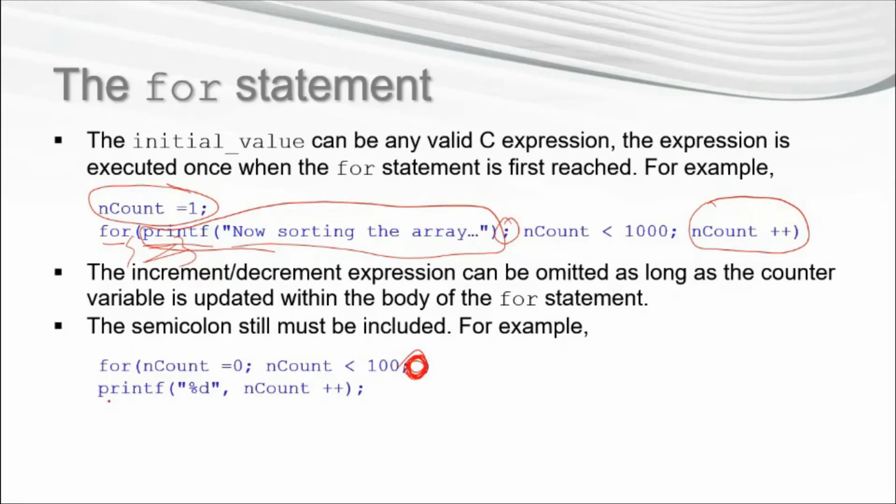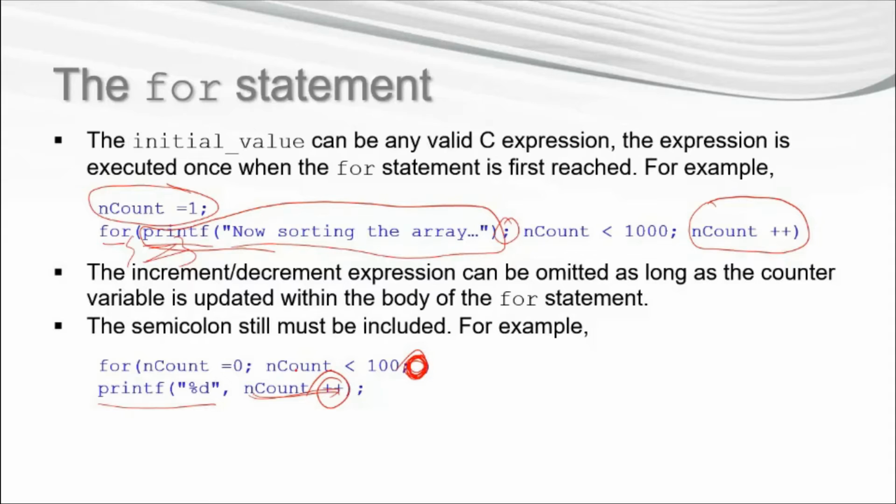But what happens is that inside the for loop, we insert a printf statement. Inside the printf statement, the n count is increased by 1. That is n count plus plus. So n count is increased by 1, and that particular value is displayed also. In this case, what this program does is display values from 0 to 100, or 0 to 99 actually, because n count is less than 100.